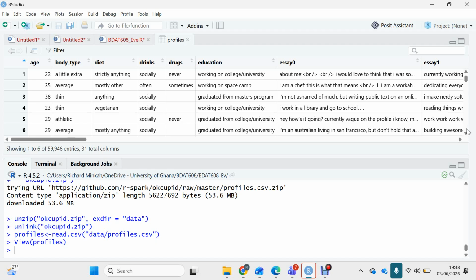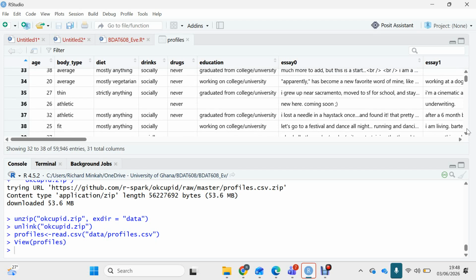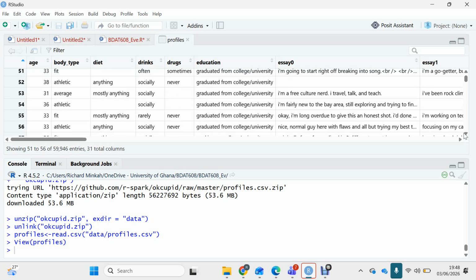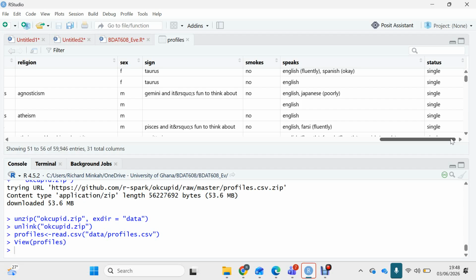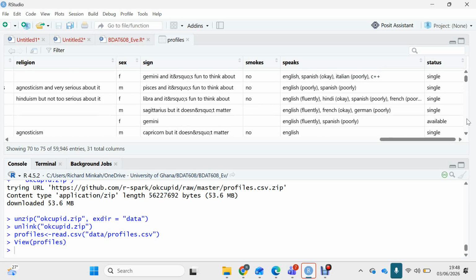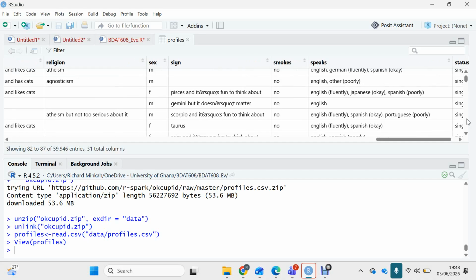All right. Okay, so now let's get started with our Spark. Usually it won't work here, as I said, so I go back. Connections, preparing connections. Spark.